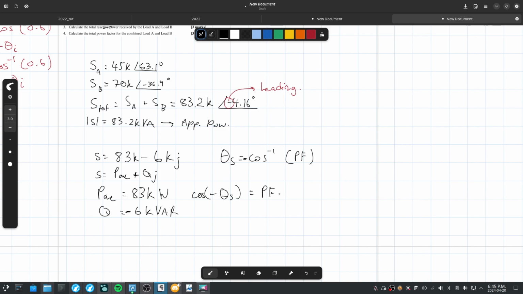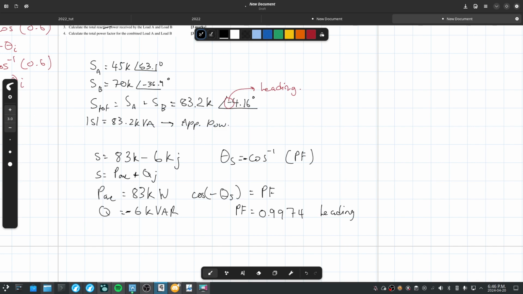So cosine of 4.16 is equal to a power factor of 0.9974. Yeah, it's pretty skewed. But 0.9974, and again, this is negative, so it is leading. Let's just confirm that. Let me save that into a variable on my calculator.